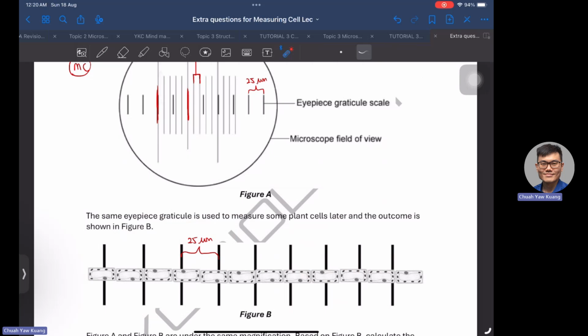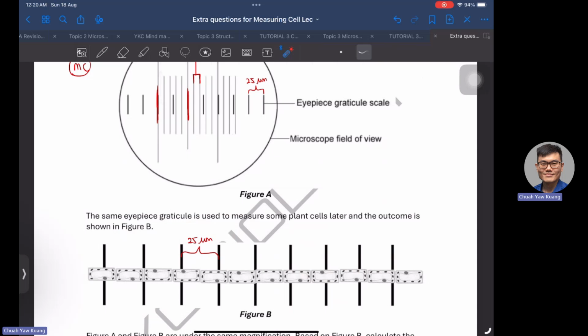They are not able to fit in the whole pitch at all. So we need to figure out a way to measure it using this special eyepiece reticule.